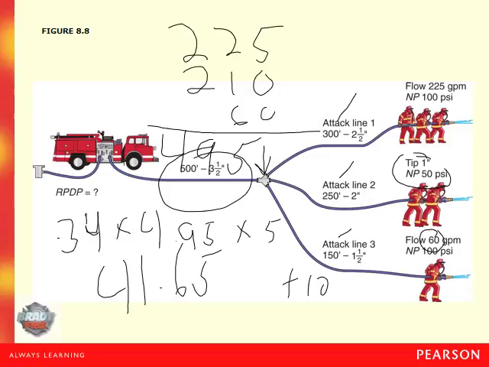So now we add everything up. So we know that we have to do 41.65 plus 10. So that's 51.65. And then we have to add our original highest gallons per minute, which was 138.2.